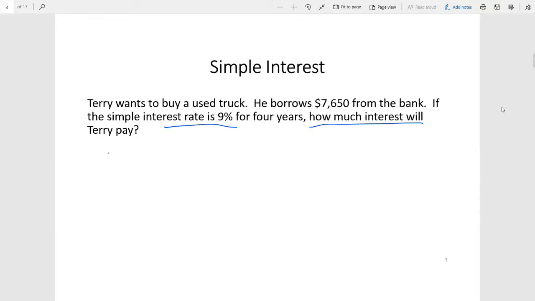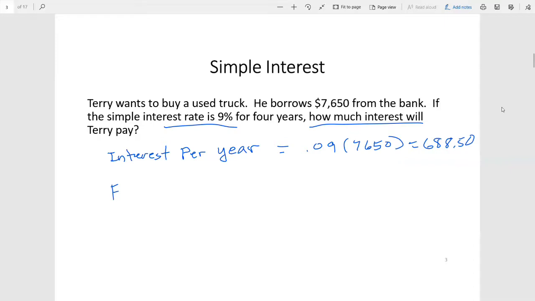The interest per year is simply going to be 0.09 times the principal, which is $7,650, is equal to $688.50.